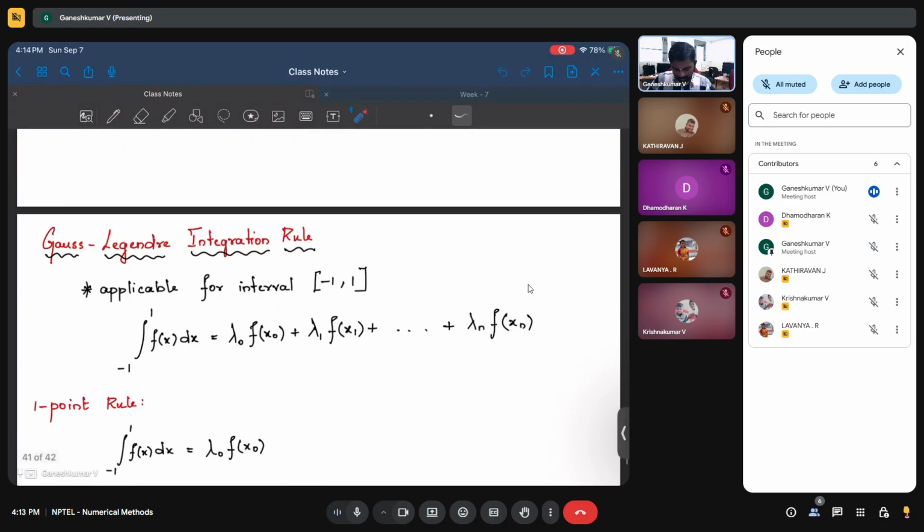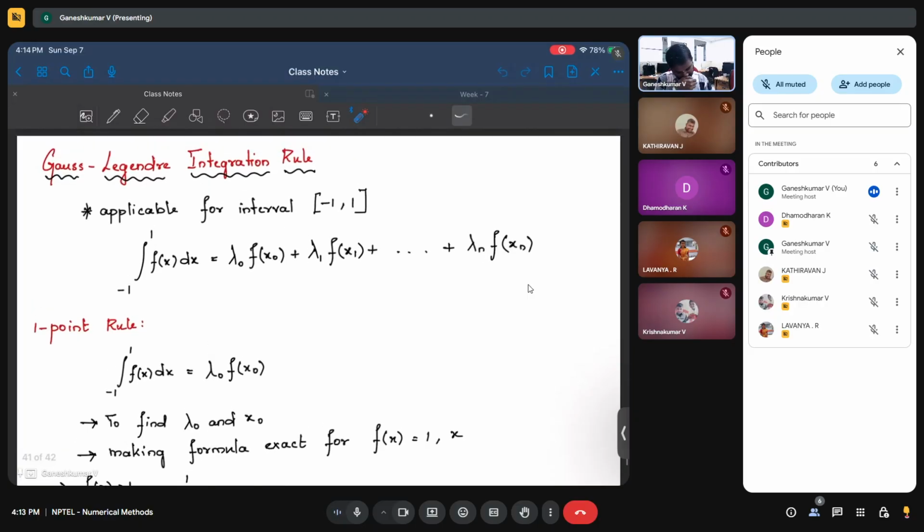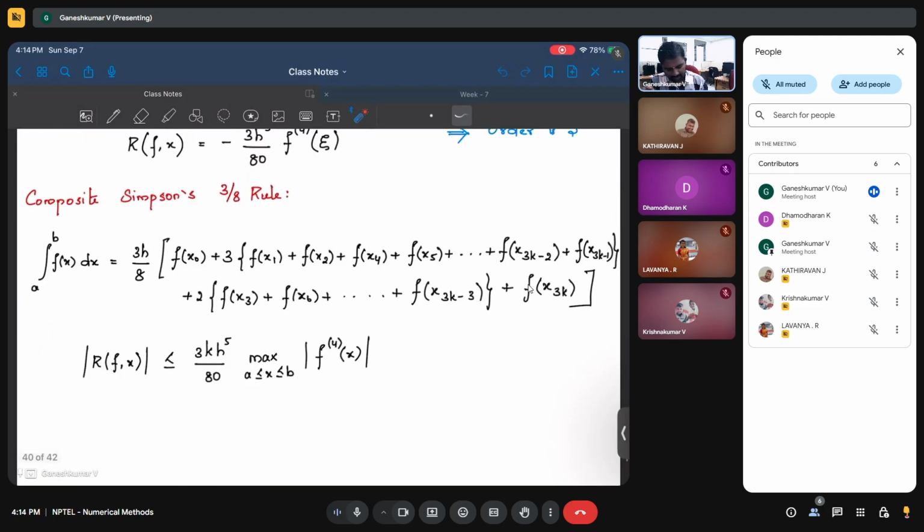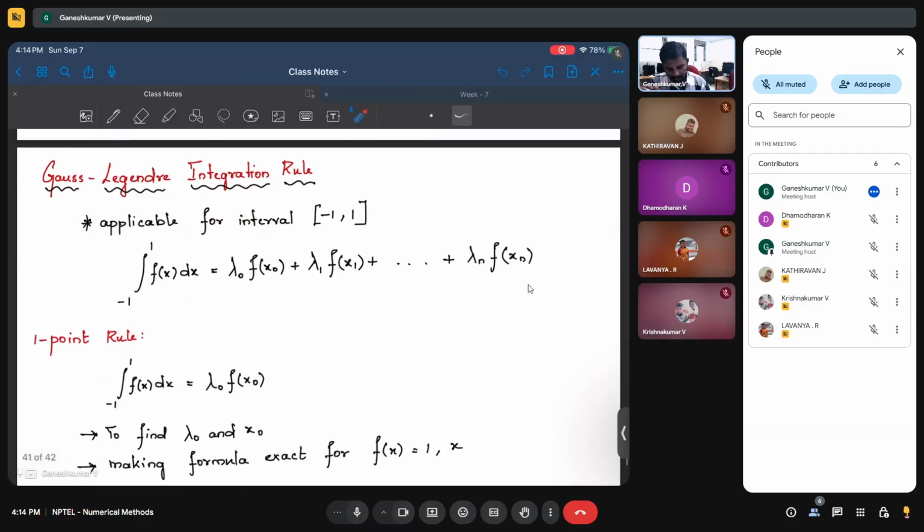And then we went into something called the Gauss-Legendre integration rule, and all these are quadrature methods. So till now we followed certain logic, like dividing and approximating with different curves.